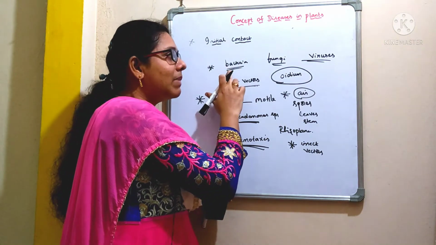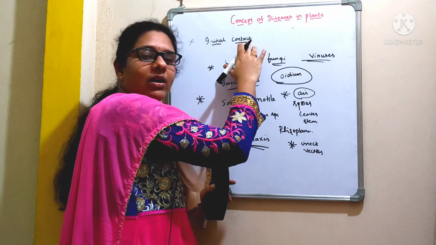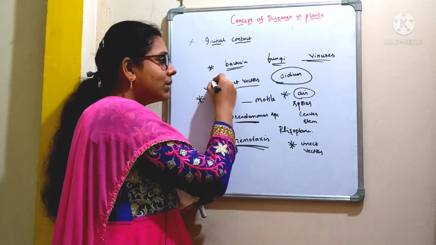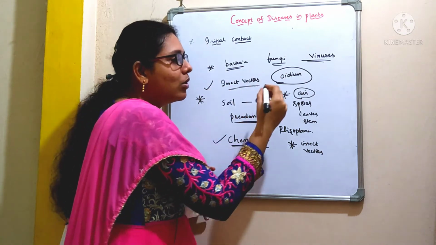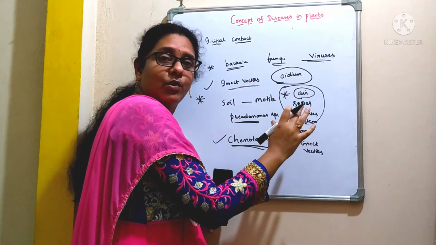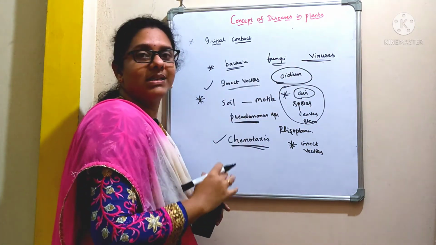Hope you are clear with the bacterial pathogens and the fungal pathogens. How do they come in contact with the plant system? By chemotaxis, transmitted by the insect vectors, and moreover these fungal spores are dispersed through air, and these spores will come in contact with the plant either on the leaves or on the stem.